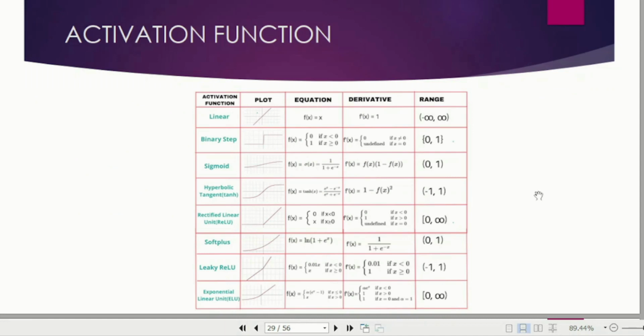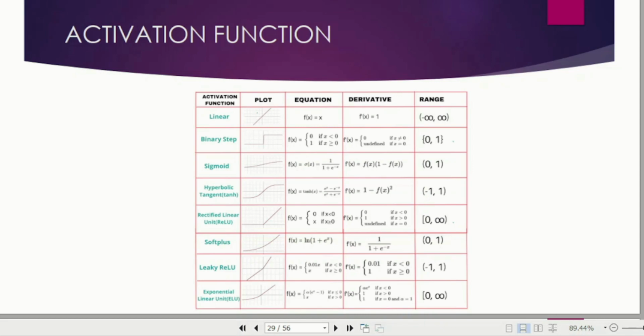Now we will discuss the activation functions that come in our artificial neural networks. There are a number of activation functions in ANN. The activation function is one of the important parameters to discuss over here. An activation function is a function used in artificial neural networks which outputs a small value for small inputs and a large value if its input exceeds a threshold.